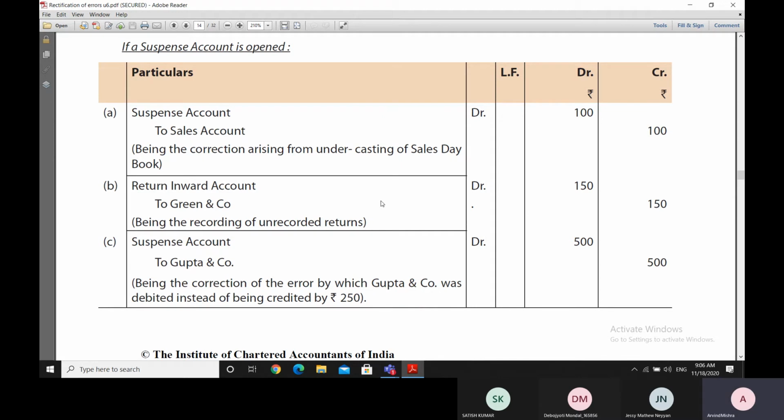But now we are making that entry because we found an error later on, and so we make the same double journal entry which we would have made if we had found this earlier. So we debit the return inward account and credit Union Company, because it was earlier unrecorded. Therefore, now we are recording this entry of the sales return.